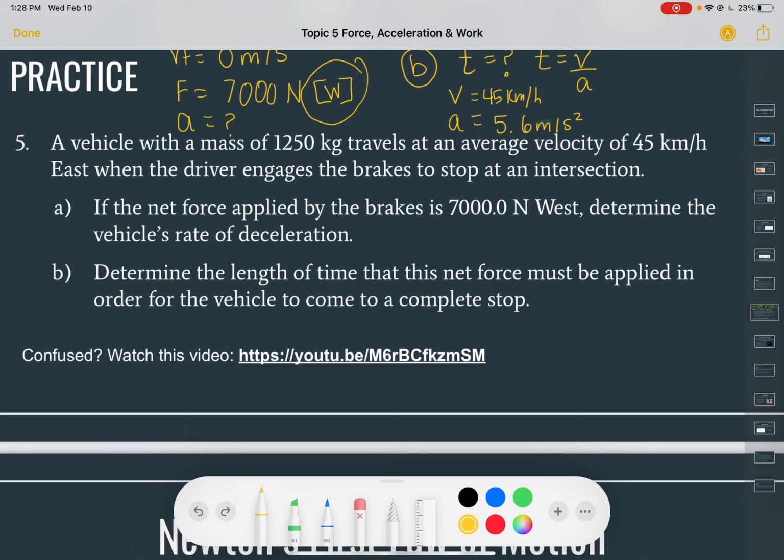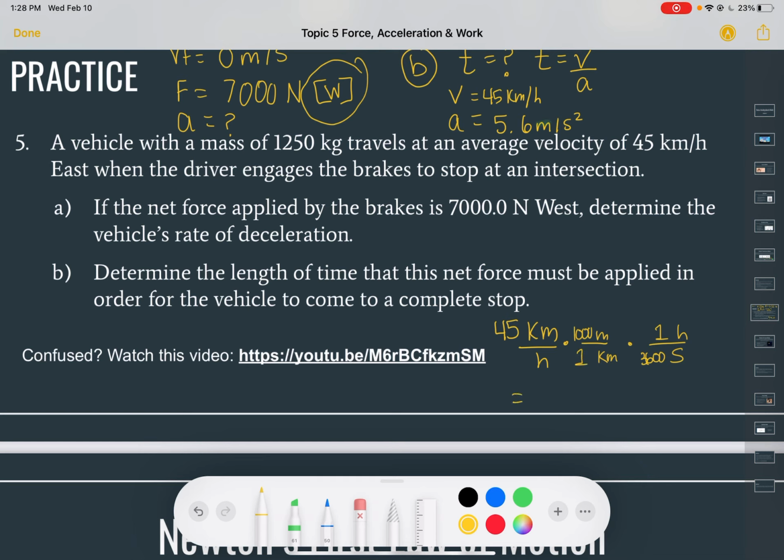So this is where we're going to be using those conversions. I'm just going to do it down here. So 45 kilometers an hour. We've got kilometers, hours, seconds, meters: 1,000, 3,600, 1, and 1.